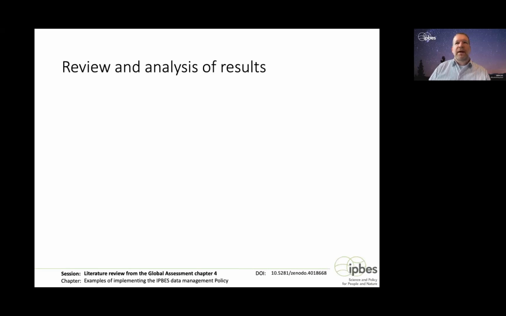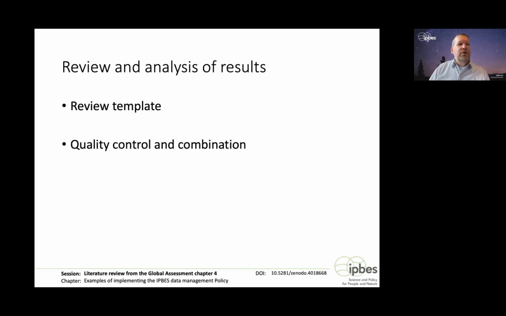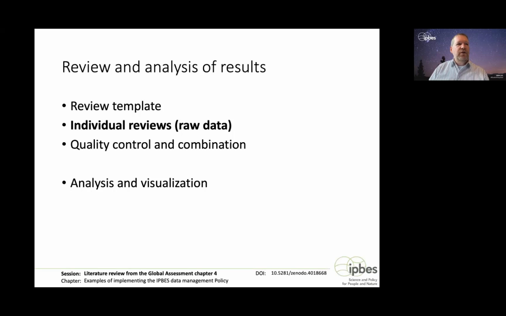To sum up this step, the first big task in a systematic review is to design the review template. Then you've got the quality control and the combination of the individual reviews. And you've got the analysis and the visualization. The review template is filled in, and you end up with the individual reviews.